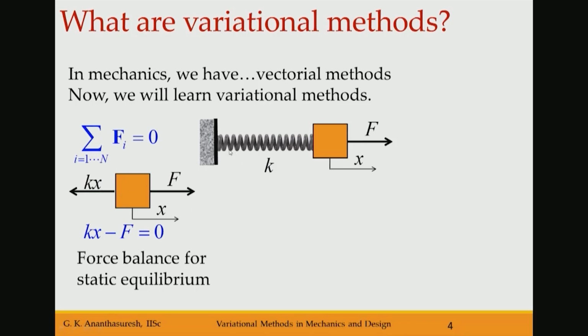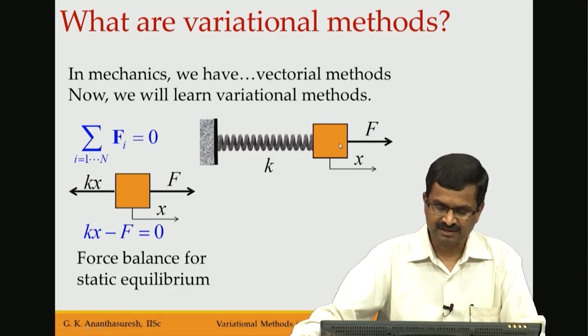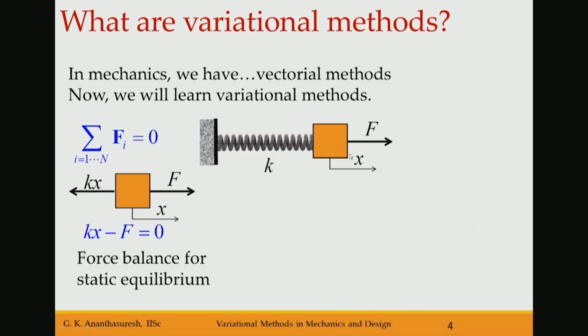So, if I take a spring and a mass under static condition, if the spring constant is k and we have a force F acting on it, and we denote the displacement of this mass as x. In this particular case, if I draw the free body diagram of this mass, there is the force which is applied, and k times x, if we assume that this spring is linear, meaning the force exerted by it is proportional to the displacement x.